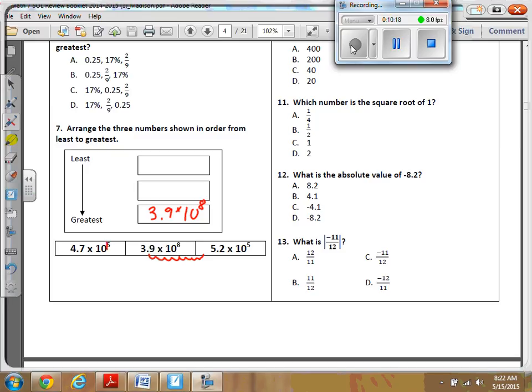So then we can look at these two. They have the same exponent. So I'm going to move the decimal the same number of times. So that means I can just look at the first two numbers. Well, which one's greater, 4.7 or 5.2? Okay, so then that's going to be my next greatest. So then my smallest is the 4.7 times 10 to the 5th. Questions?